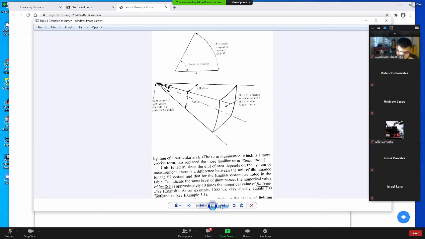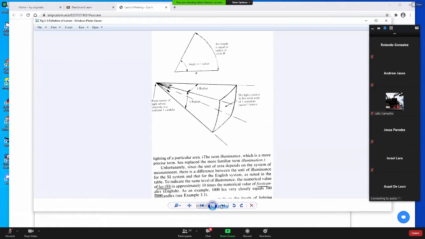On the top figure, we see that the arc length is equal to the radius. Therefore, the angle spanned by an arc of 1 radius is exactly 1 radian. So that's a nice definition.